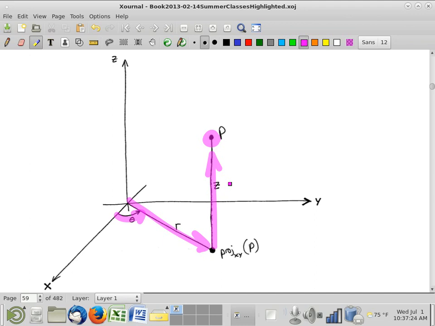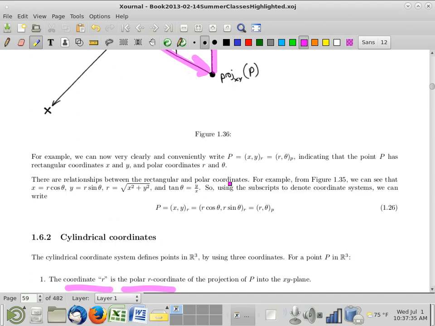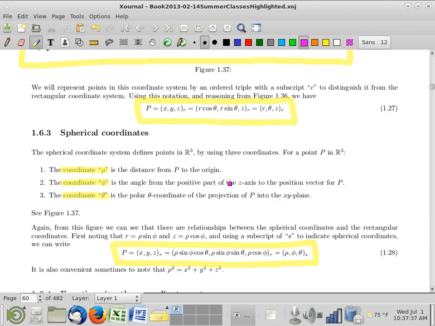It's in some sense kind of like polar coordinates in R3. There's not that much more to say about it. The usual formulas: x is still r cosine theta, y is still r sine theta.